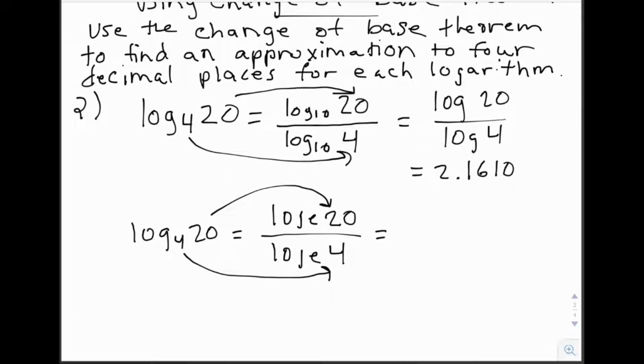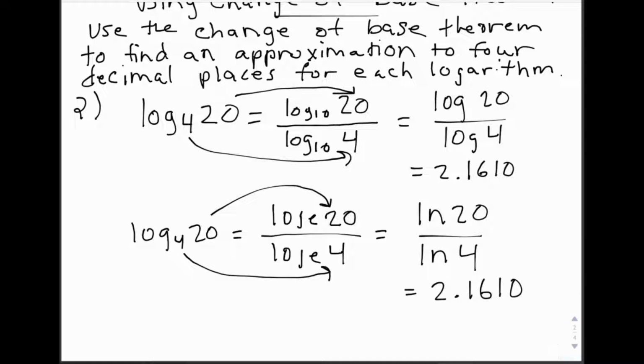So this should give us natural log 20 and the natural log of 4. And this gives us the exact same value of 2.1610.